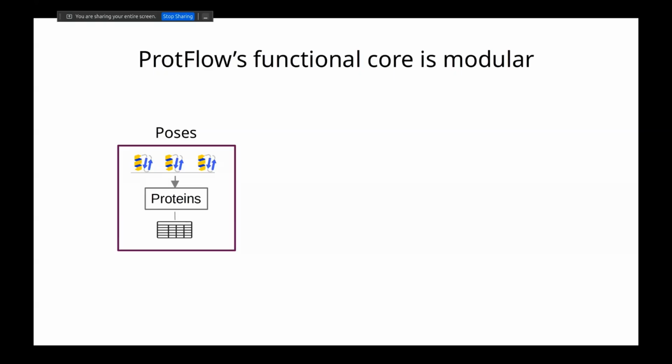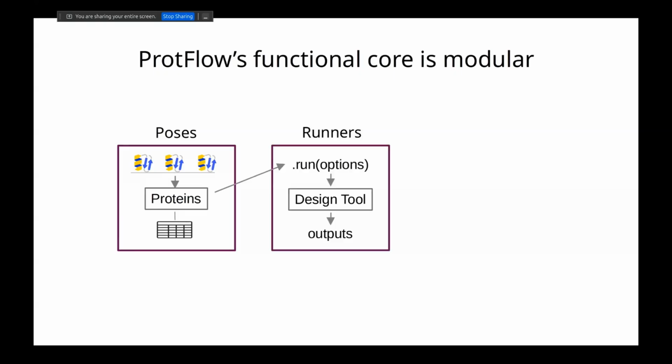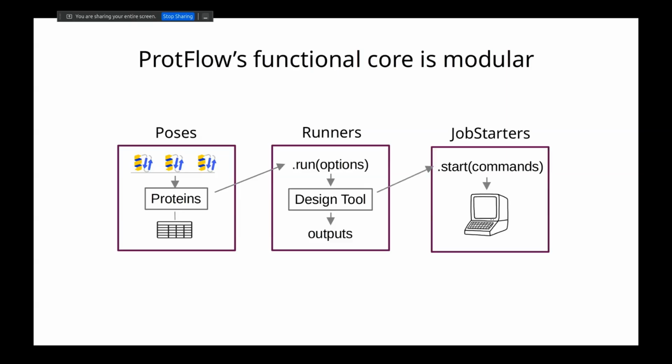Now when you want to understand how the function actually works, like how we are executing runners, typically you pass your Poses object to a runner. This runner is basically a wrapper around the design tool of your choice. With the .run call, you activate this design tool. The design tool then compiles a list of commands, and this list of commands is passed to the JobStarter object.